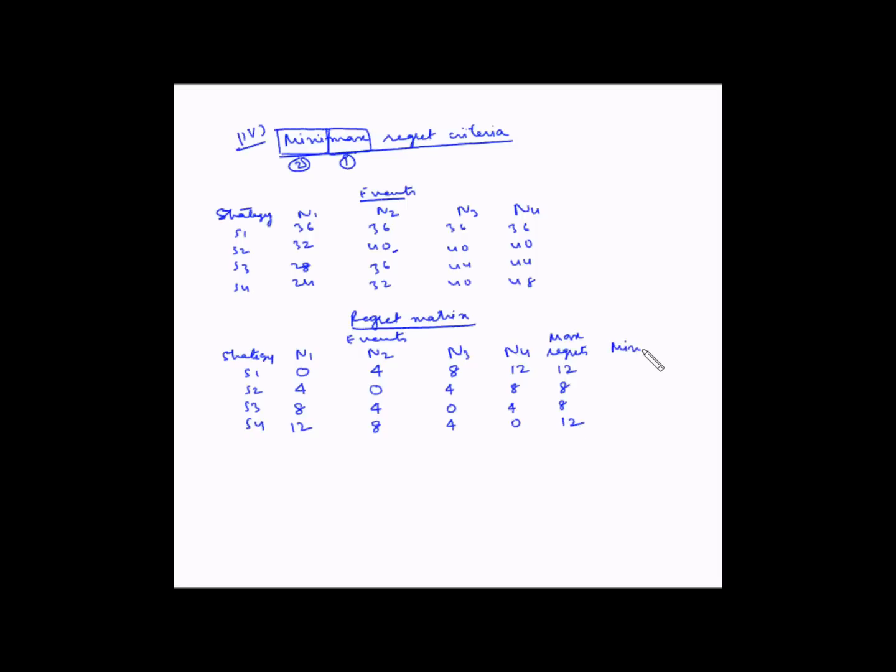So minimax. Out of these, 8 is the minimum and 8 is the regret for both S2 and S3. So the optimal strategy as per the minimax regret criteria is that we can choose either S2 or S3.